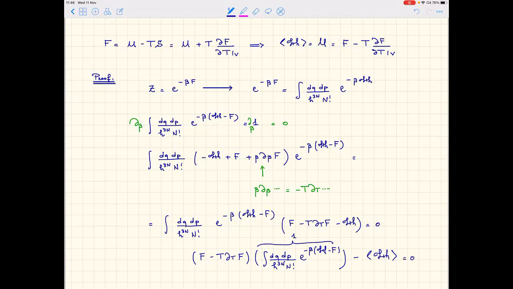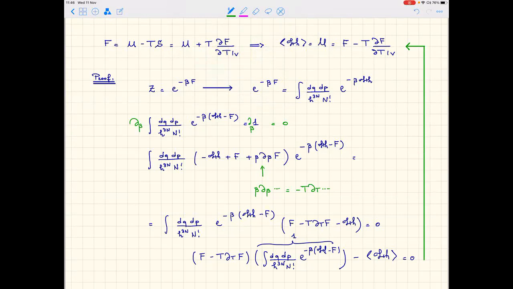And therefore, what I discover is that I have exactly the formula that I wrote down before. You see? So the average energy is equal to F minus T dF/dT. So this is an appropriate definition for the free energy.